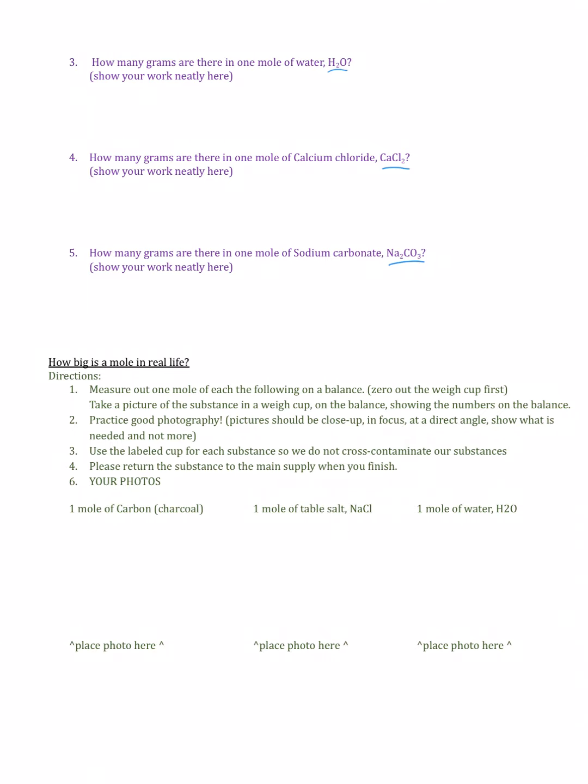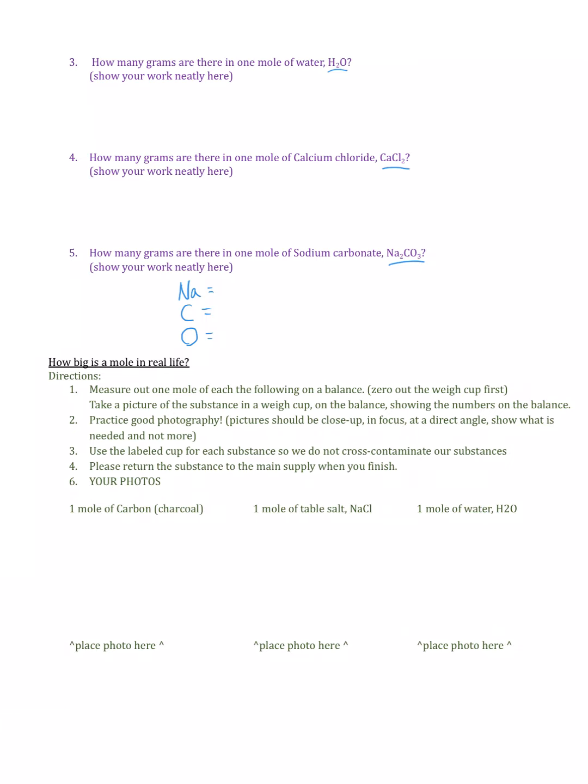Each of these, we figured out the number of grams in 1 mole. This is a little tougher one. Let's look at sodium carbonate. I know I'm going to need to find the molar mass of sodium, of carbon, and of oxygen. But I'm going to have to do a little bit more than just find the numbers.